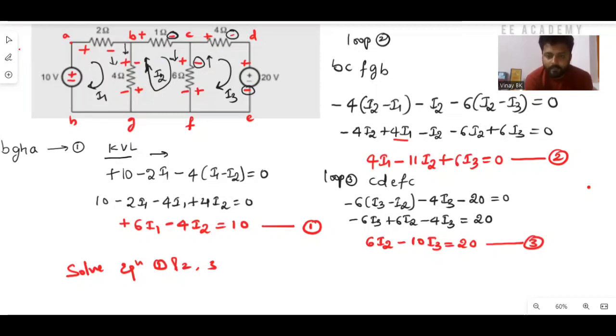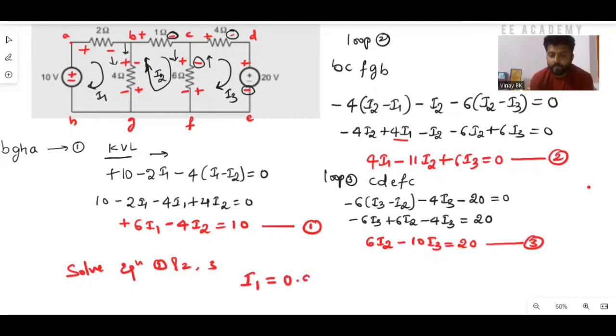Similarly for the third equation: 0, 6, minus 10, then D is 20. Press equal, and it will show the values in terms of X, Y, Z. You have to write them in terms of I1, I2, I3.